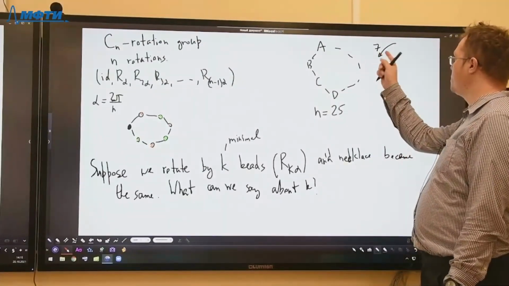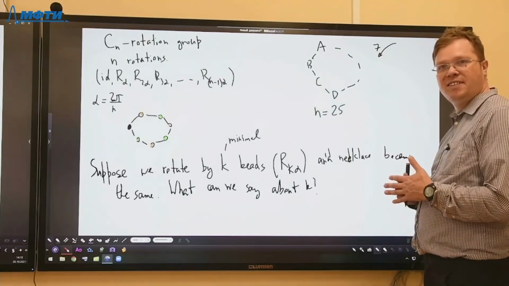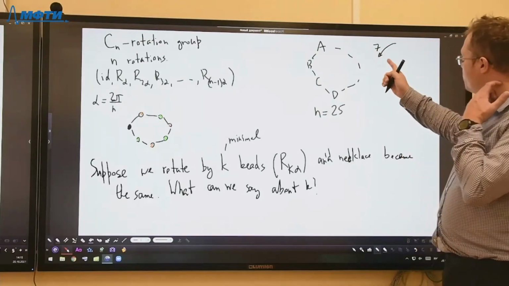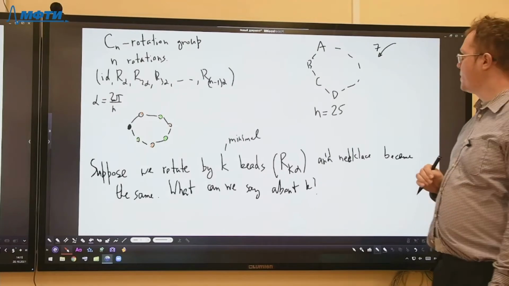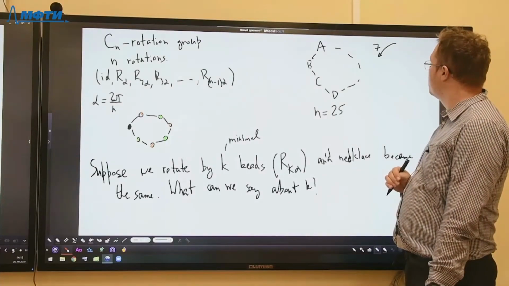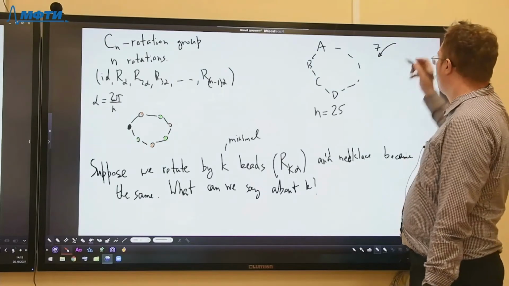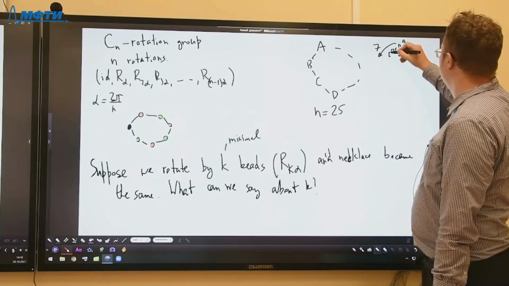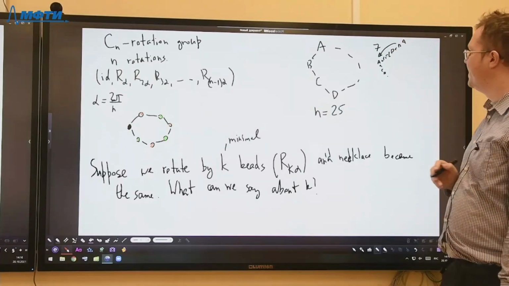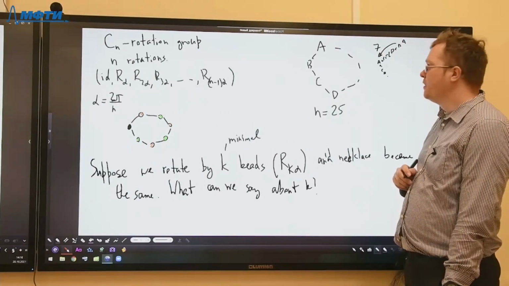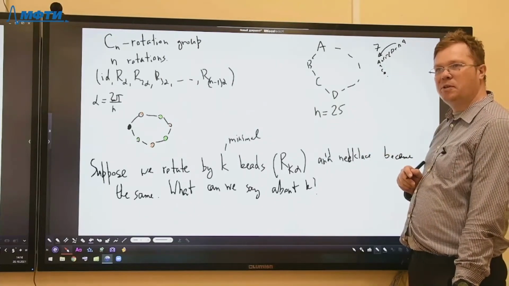What is the minimal rotation of this word to become itself? We have A, B, C, D, E, F, G, H, and then the beginning A, B, C, D, and so on. But the length is 25. Can this be obtained?